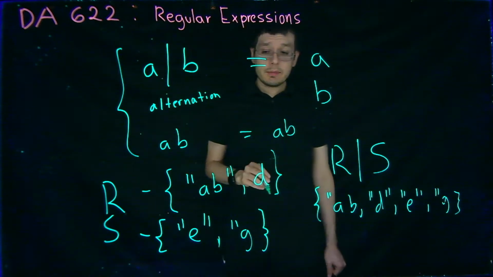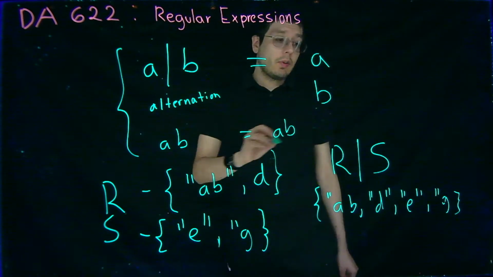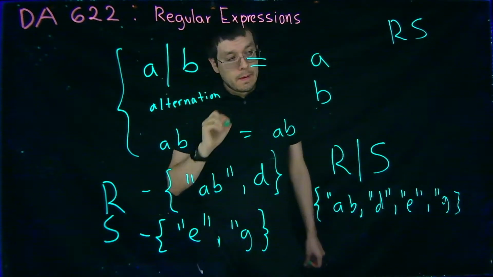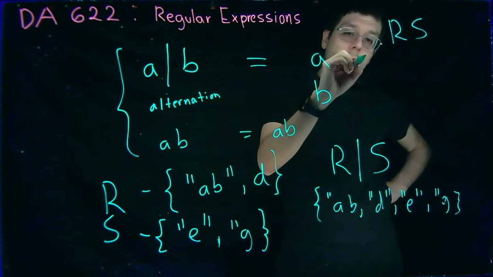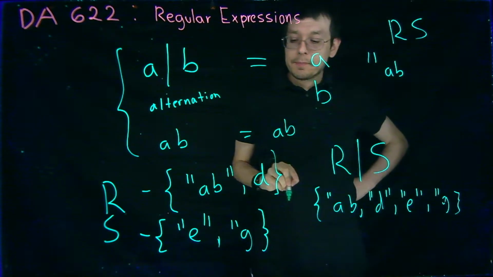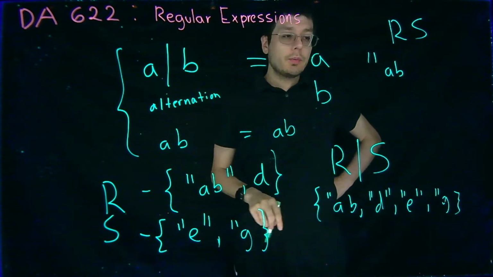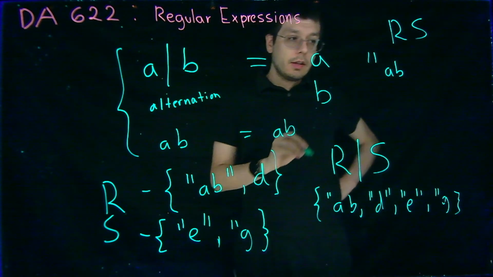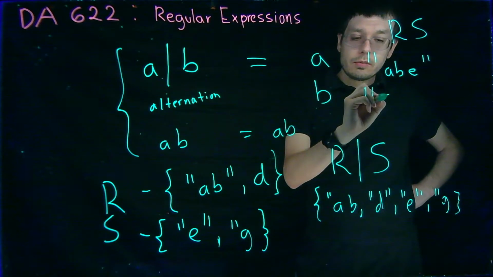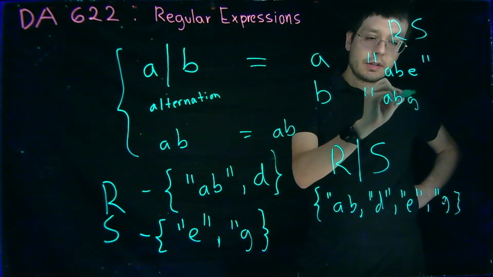Not very exciting, but what if I did instead RS, like a concatenation? This one is cool. The possibilities here would be to take the first one of the first set, AB, and then concatenate it with one of the two of the second set. So that could be ABE, or it could also be ABG.